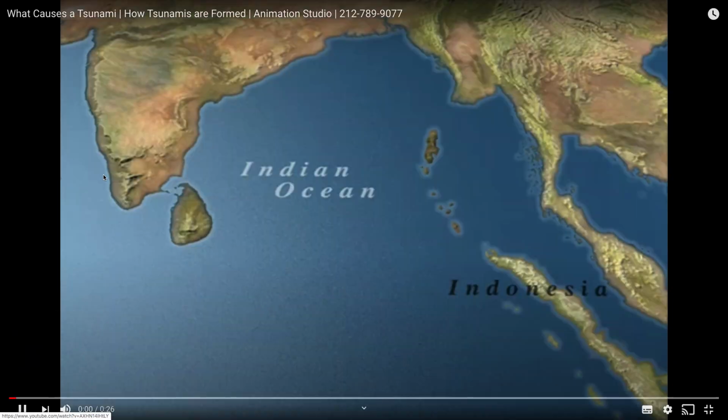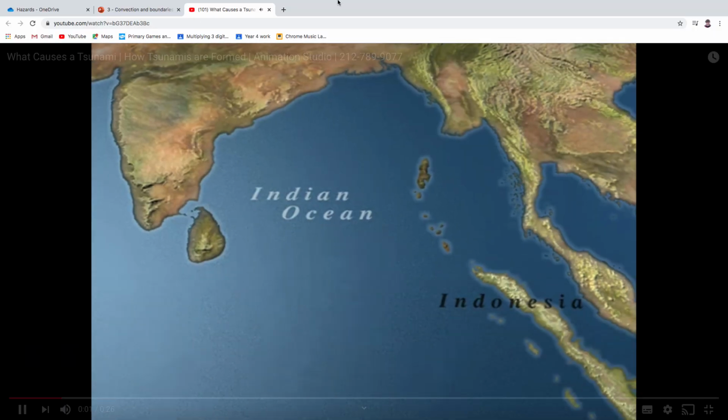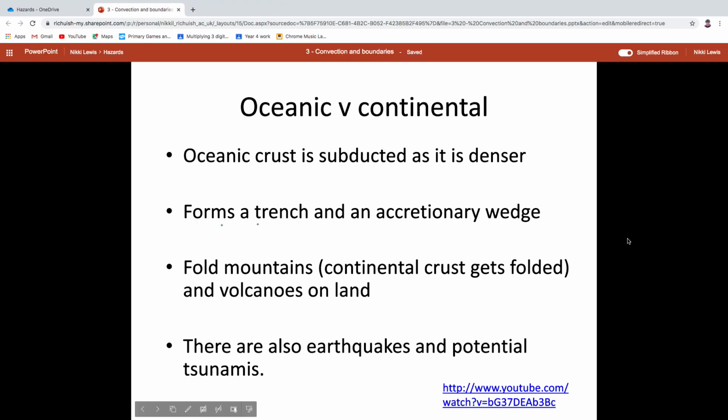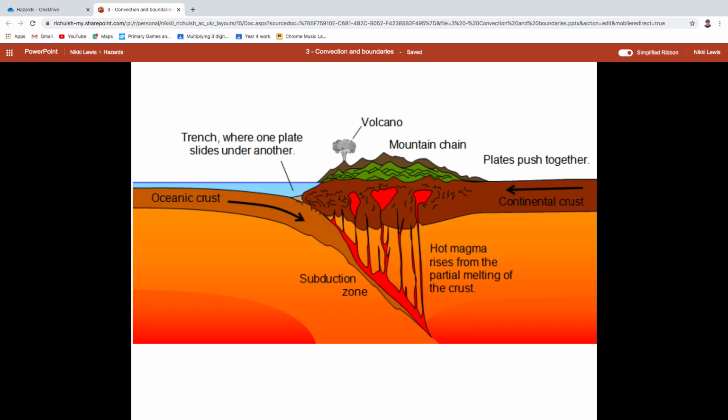Okay, so what you need for a tsunami is a sudden displacement of a huge amount of water, and it is absolutely possible for that to happen at these plate margins. So because you get your friction and your tension, you get earthquakes.